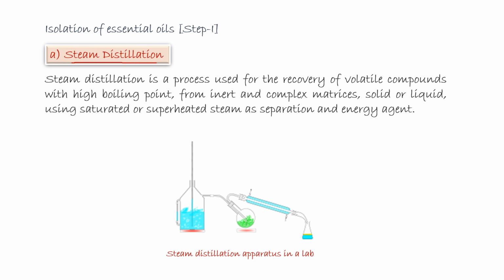In a simple way, here we have a boiler to get steam out, passing the steam into the crude plant. The essential oil will go up and volatilize with water and condense here, forming 2 layers.